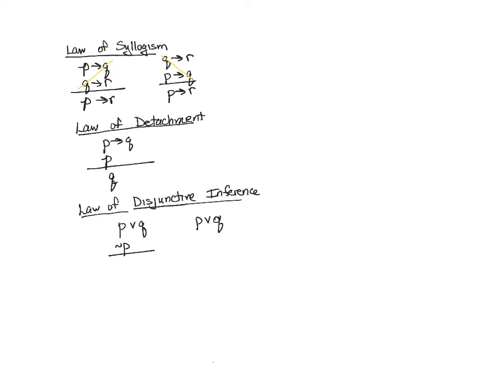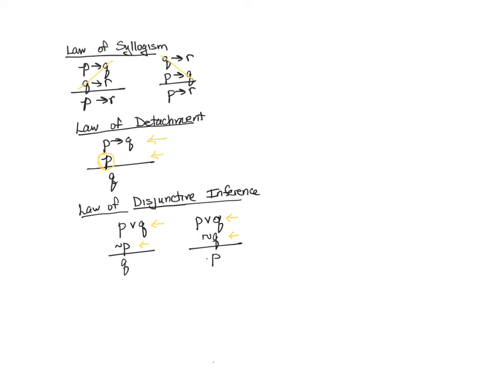Oh, wait, Q, not Q. Then the other disjunct is true. Oh, wait, I wrote this wrong again. This should be Q, and this should be P. Okay, so with the law of detachment, we have a true conditional and its antecedent true, a single statement that's true. For the law of disjunctive inference, we have a disjunction that's true and a single statement that's true, but negated. Okay, so those laws are new.